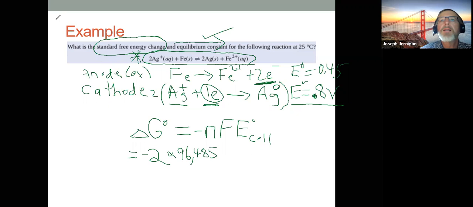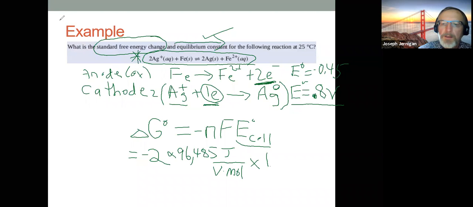I'm hardwired to 96,487 because that's what I learned when I was in your shoes. That's 96,485 joules per mole K, times the cell voltage. I'm going to be more accurate that way.